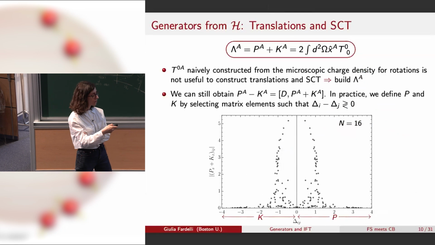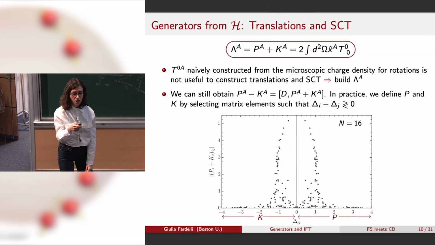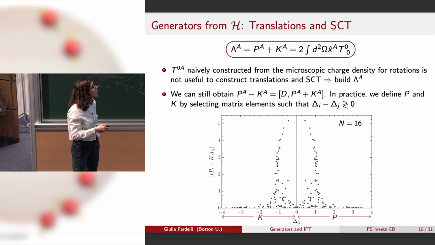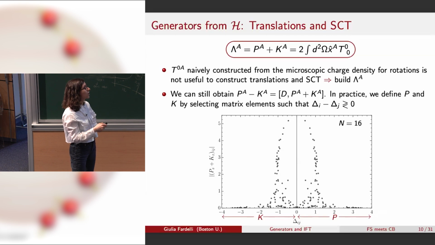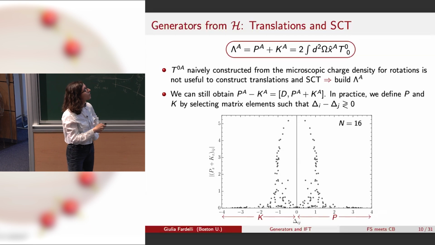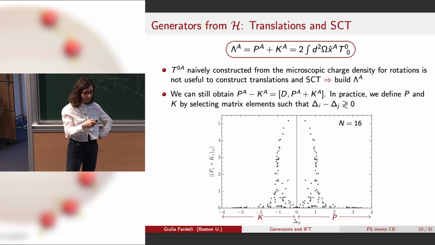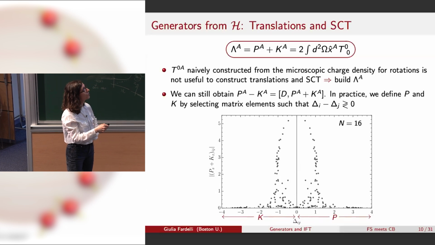And that was what concerned the dilatation operator. But now let's move on to the maybe new and more interesting generators, which are the translation and the special conformal transformation. As anticipated before, we are going to construct not P and K separately, but the sum of the two, because this just depends on T00, and that's the thing that we have shown you can write down as a function of the Hamiltonian density.